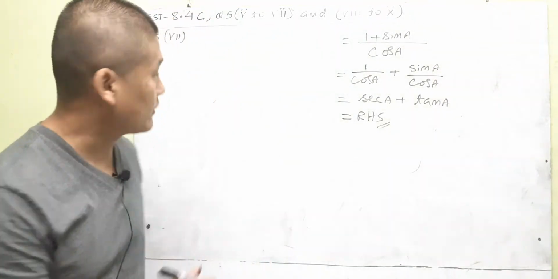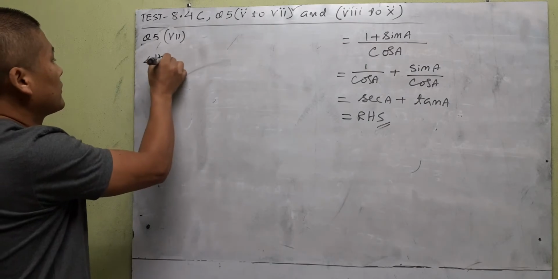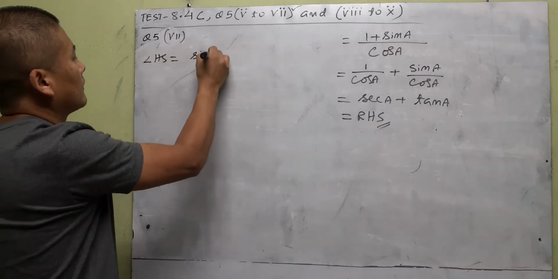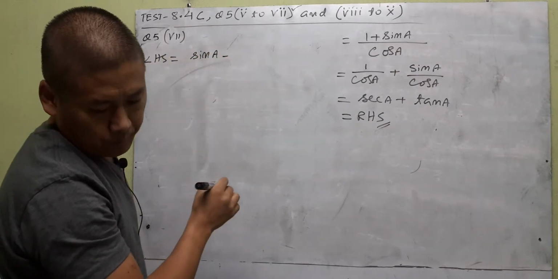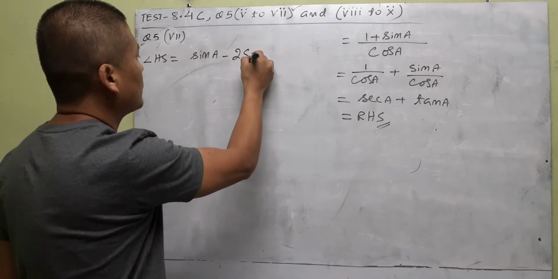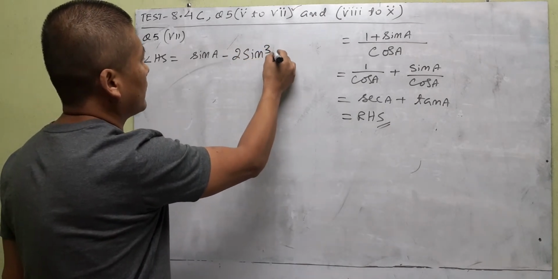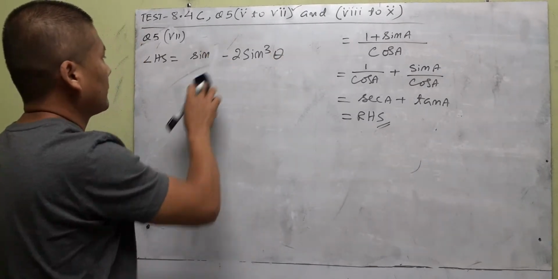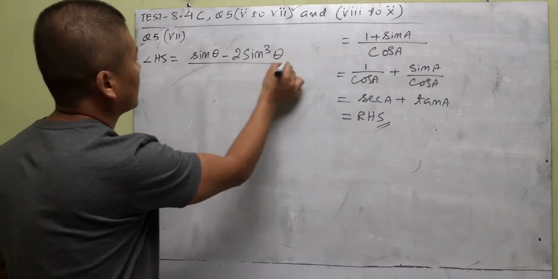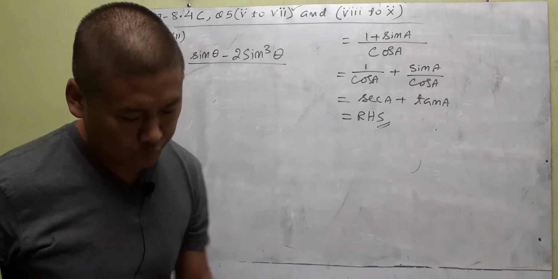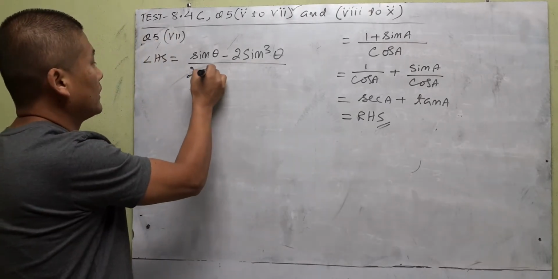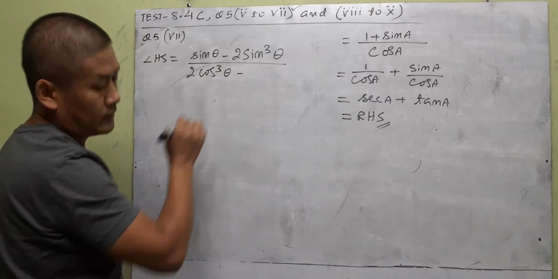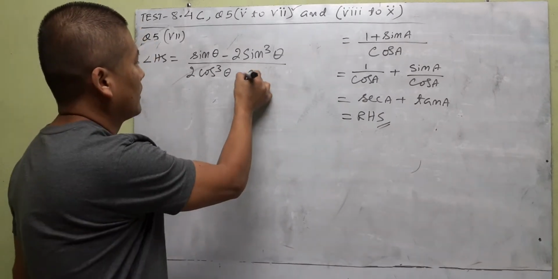The left hand side is easier to take, I think, this time also. Sin theta minus 2 sin cube theta, divided by 2 cos cube theta minus cos theta.